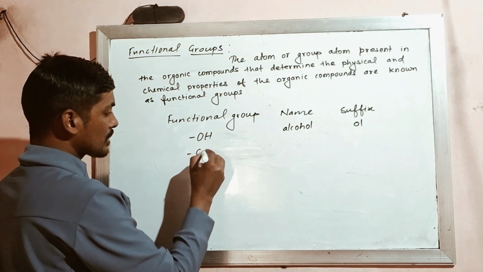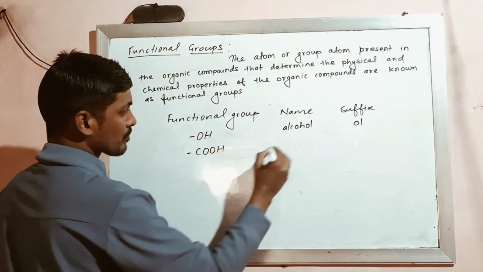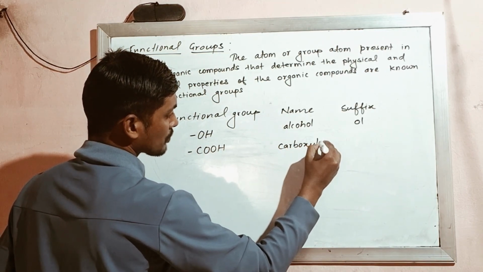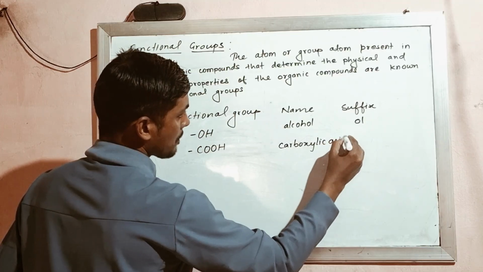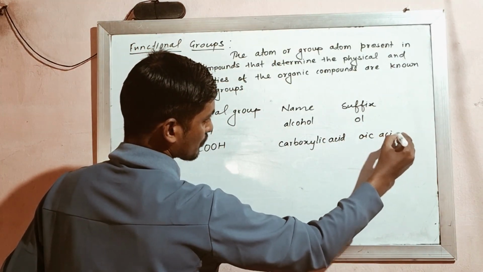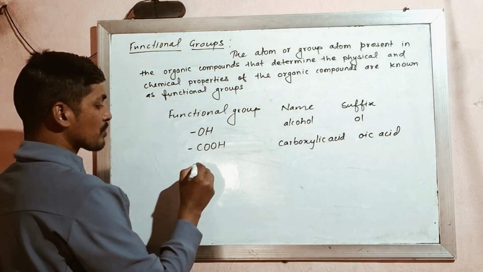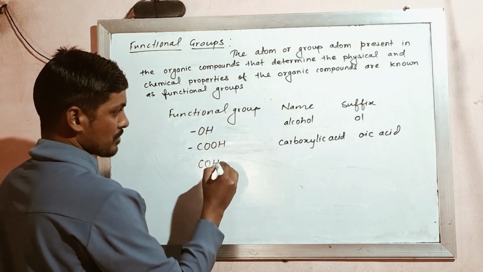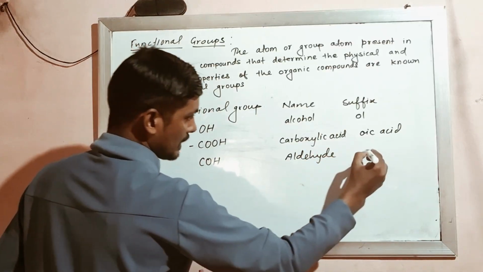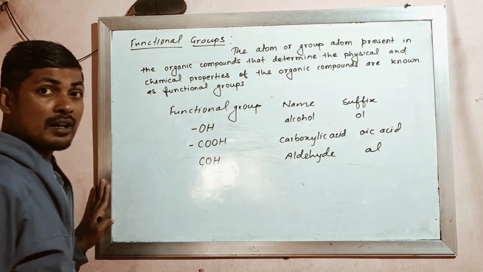There is functional group COOH, which is called carboxylic acid, and the suffix used for carboxylic acid is oic acid. Similarly, there is COH, which is called aldehyde functional group, and the suffix used for aldehyde is -ol.